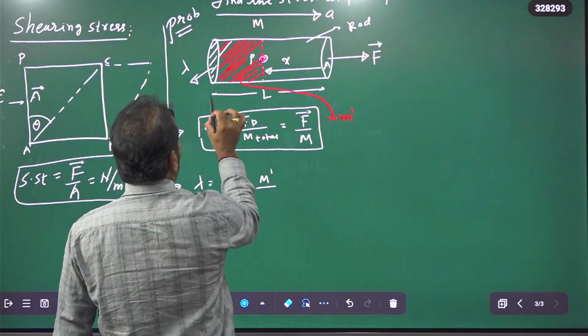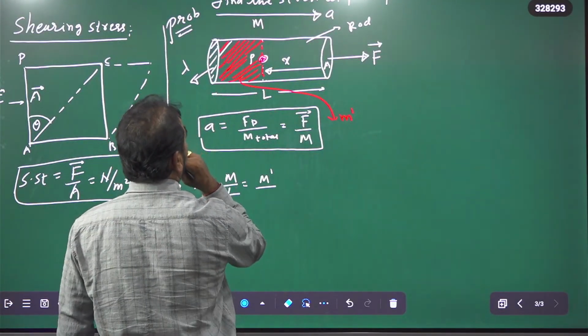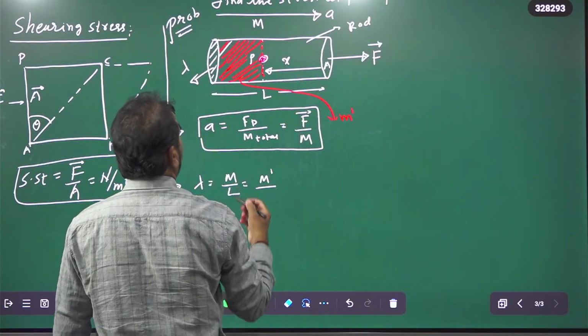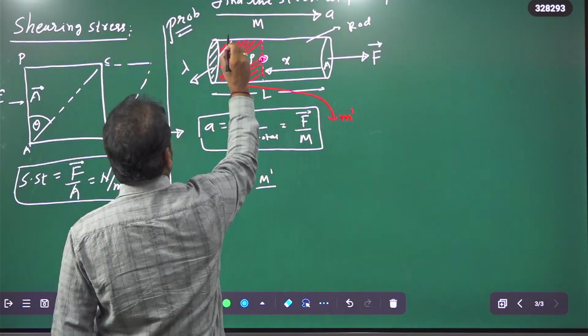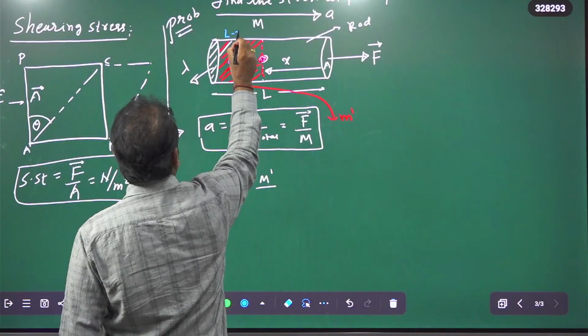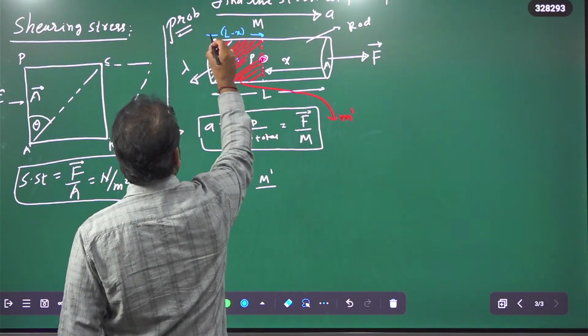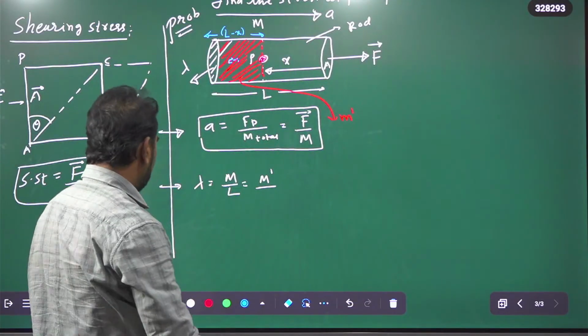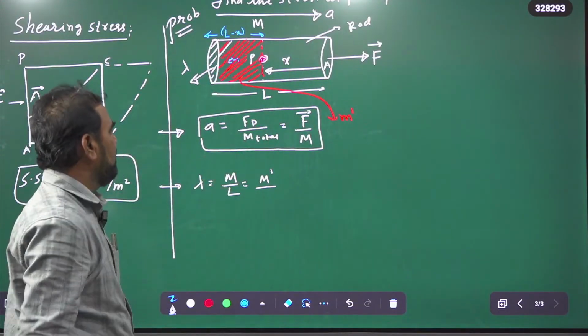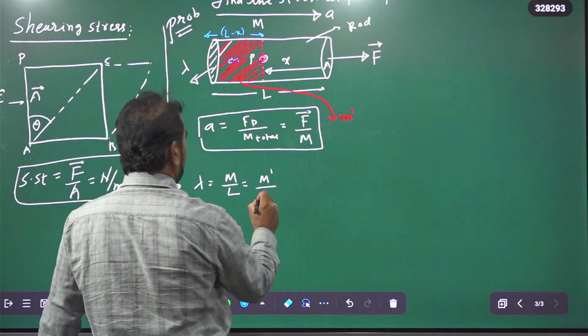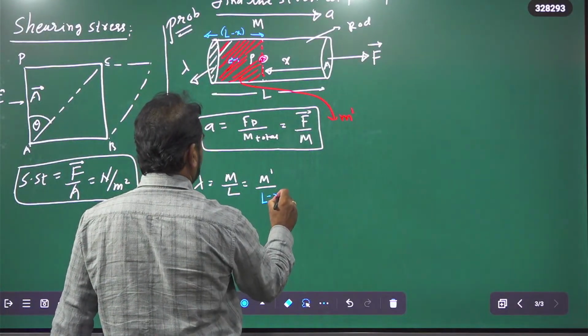The total length is given as L. This point we have taken as x, so this length would be L minus x. Lambda is M by L, equal to m dash by L minus x.